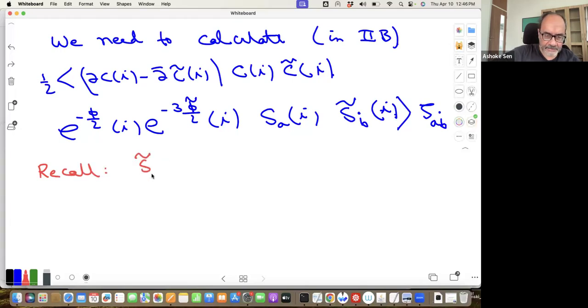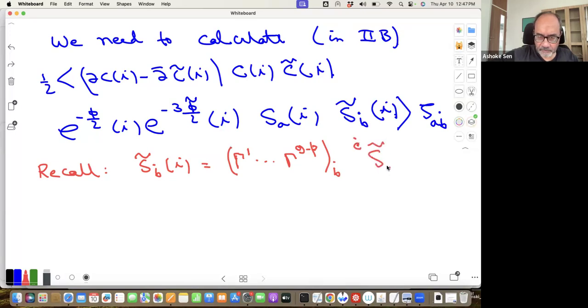that S tilde B dot of I was given by gamma 1 to gamma 9 minus p, these are the transverse directions, times S tilde, on the boundary.